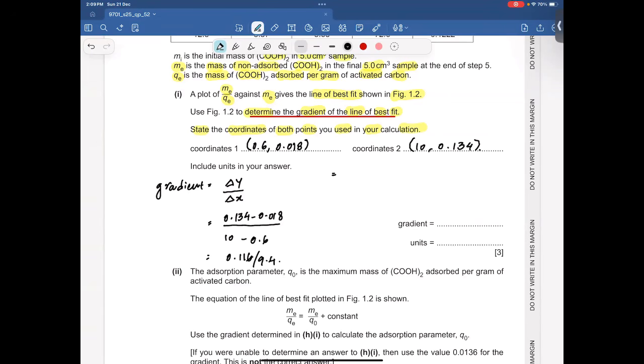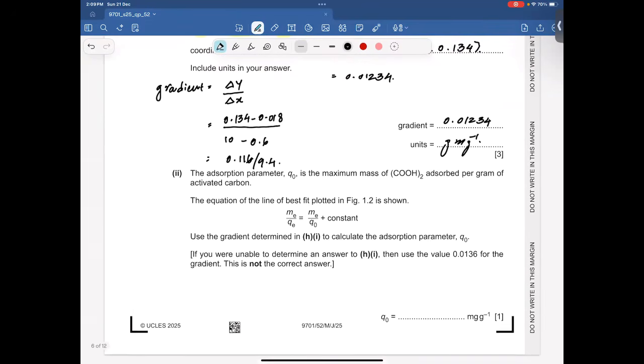So 0.116 divided by 9.4, you will get 0.01234. So 0.01234, and the unit for this is going to be gram per milligram, or g mg inverse. Okay.